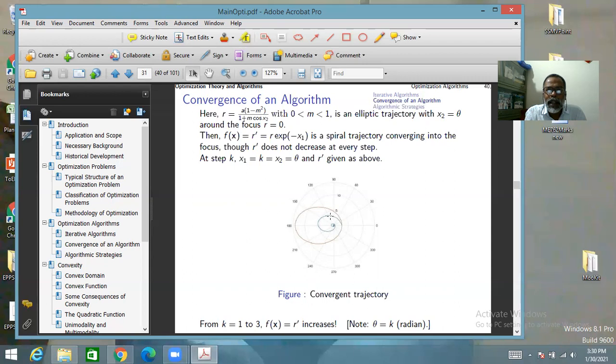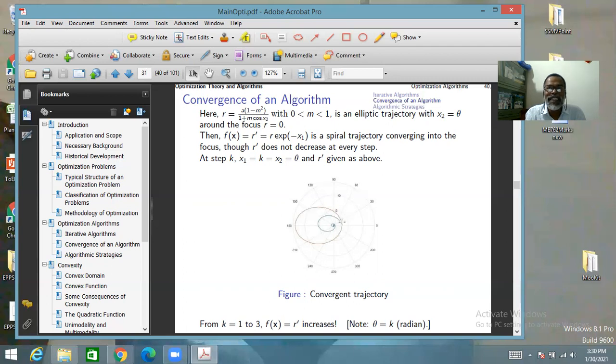It will go in a spiral trajectory and actually converge to the focus, right? So this cooked-up algorithm does converge to the focus.